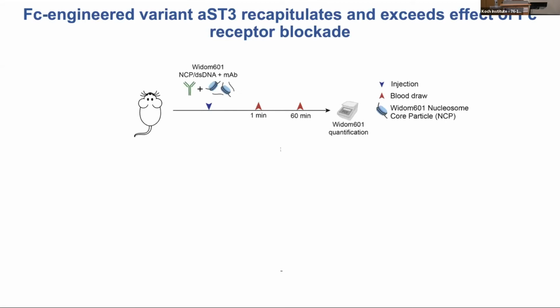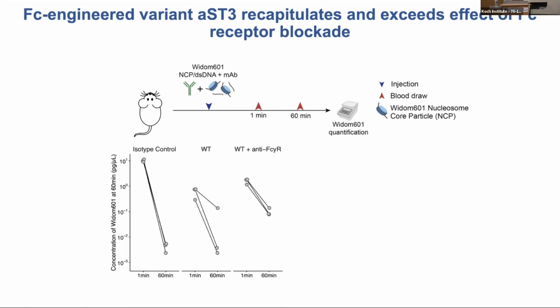Again, we did a similar experiment where we co-injected and then sampled at 1 minute and at 60 minutes, and we quantified the amount of exogenous double-stranded DNA in plasma. Similar to before, we saw pretty rapid clearance with the isotype control and some improvement when we blocked Fc gamma receptors with the wild type antibody.